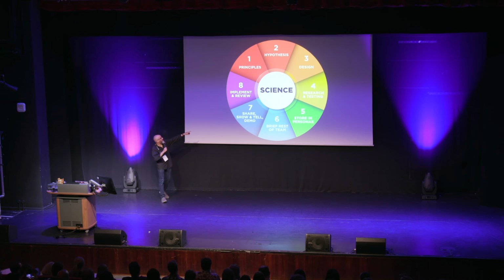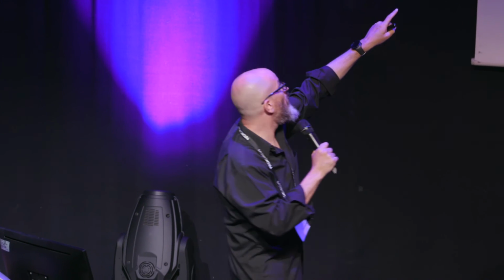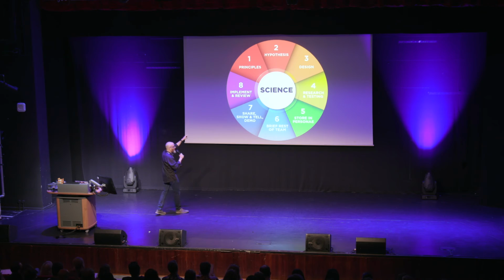So brief the rest of your team, your agile pod, your designers, your everybody else. Show and tell, demos, share, implement and review. Then come back. Either refine your hypothesis so you jump back in at number 2 and refine it. So we think that showing stock levels for stuff that is only below 10, you see where I'm going.